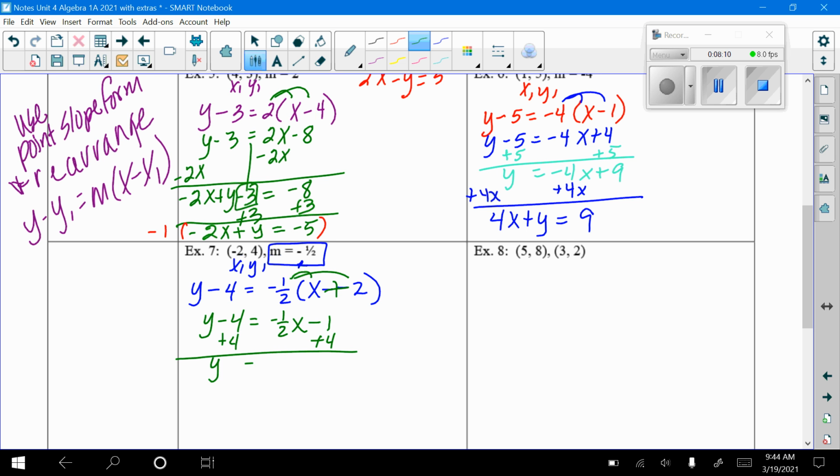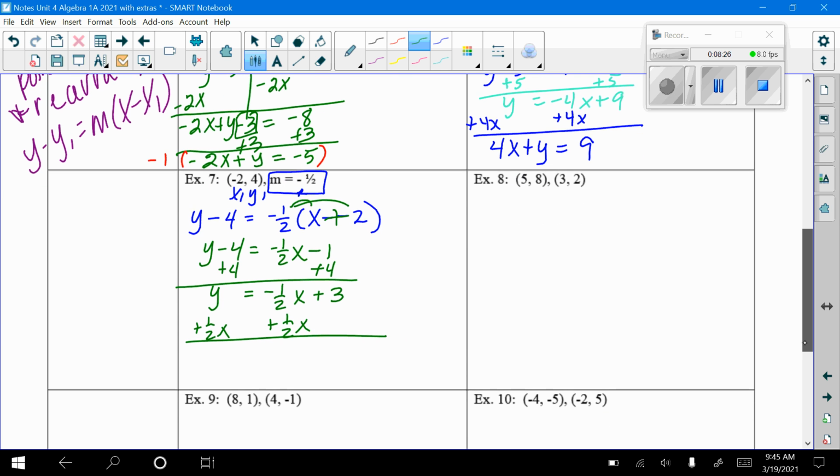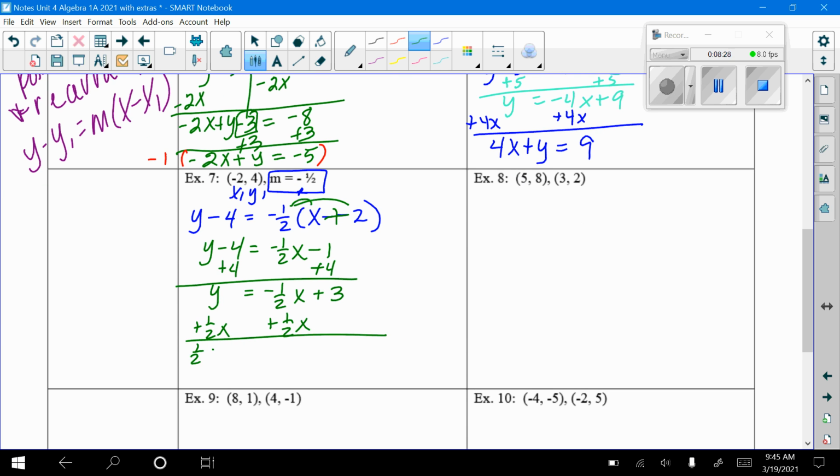And I get y equals negative 1/2 x plus 3. I can simply move that across if I want to and go plus 1/2 x. So now at this point I have 1/2 x plus y is equal to 3 because those canceled.